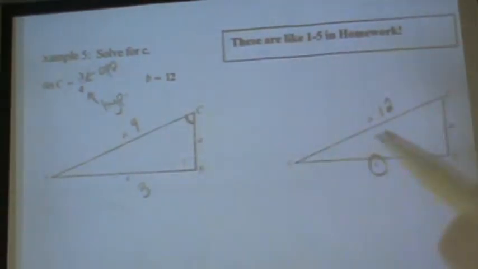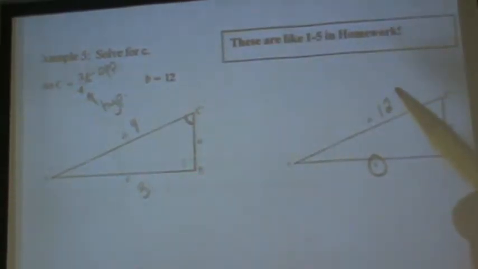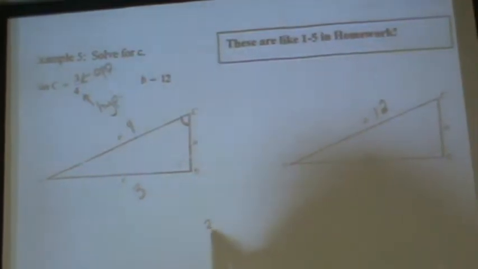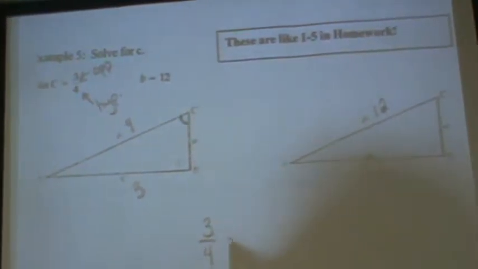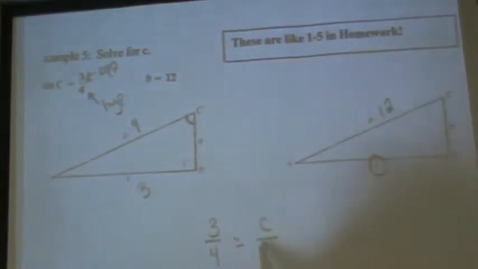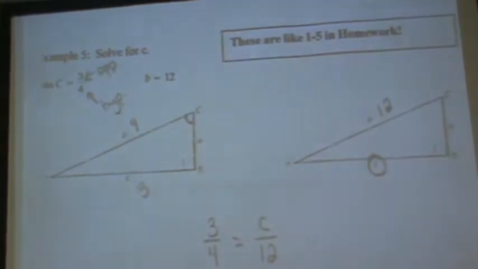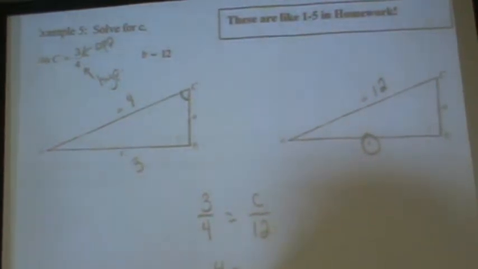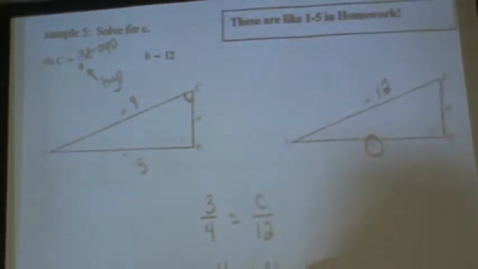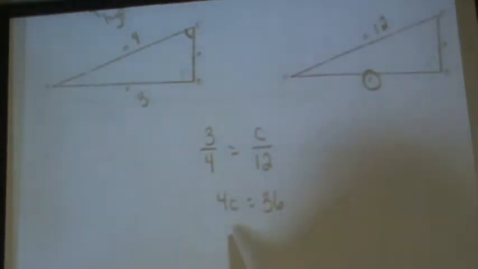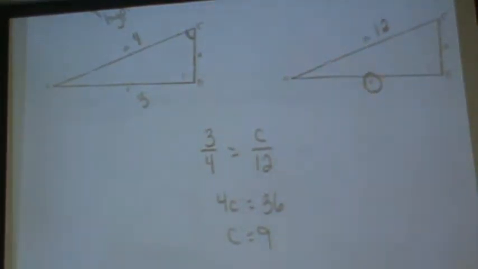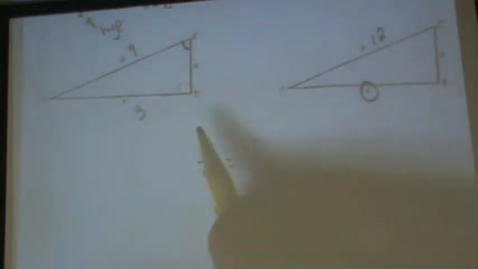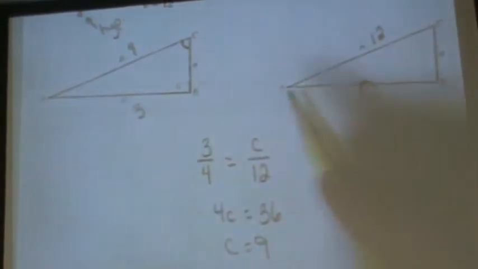So you can set it up as an actual equation so that you would have 3/4 equals C over 12. And then cross multiplying, you would get that 4C equals 36, and C would equal 9. So this is relating similar triangles.